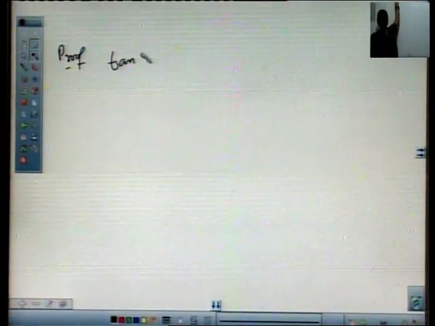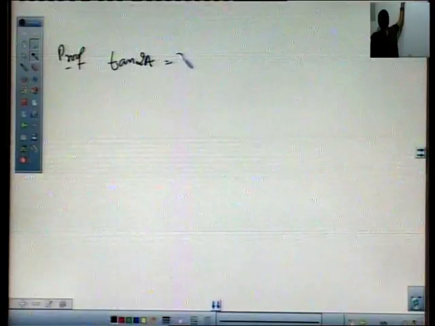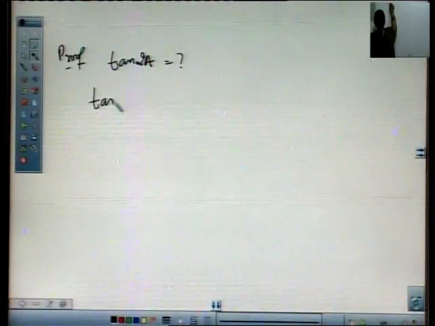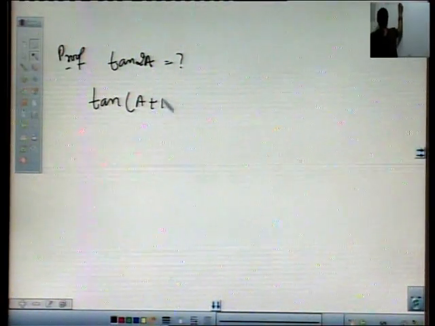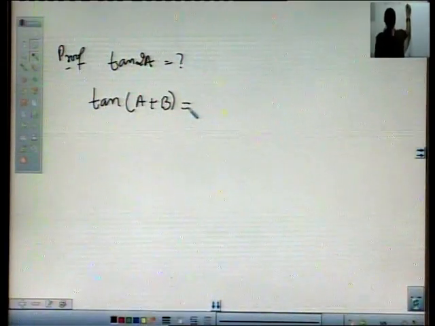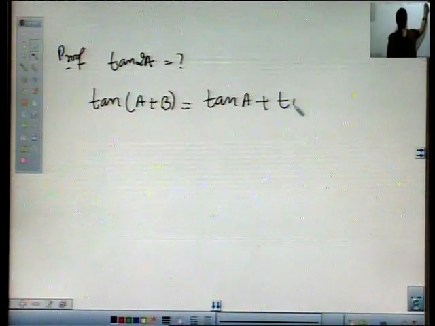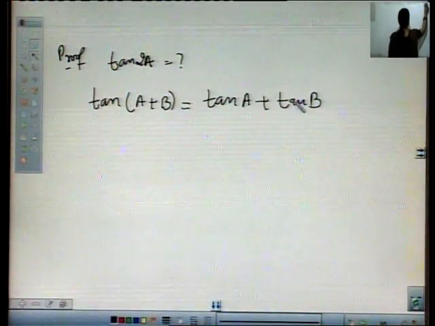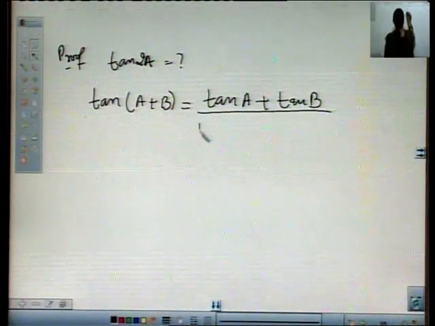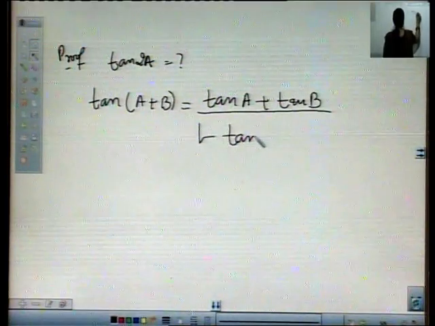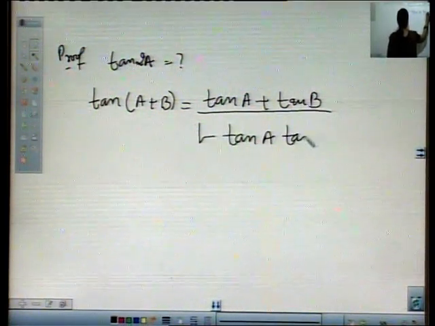Now, proof of tan 2a. Tan a plus b is equal to tan a plus tan b upon 1 minus tan a tan b.